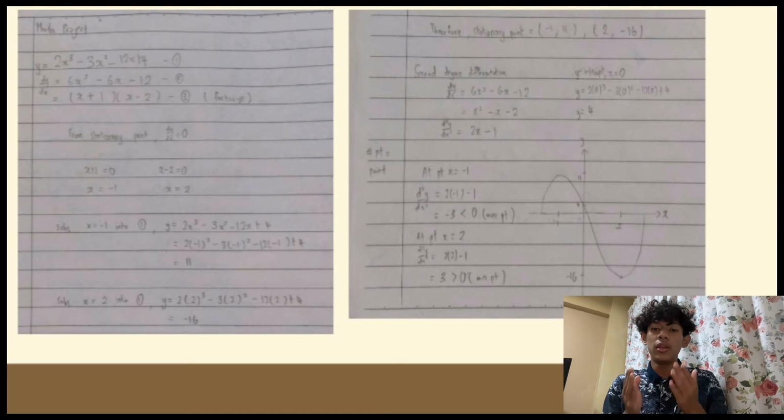So we know that our stationary points are (negative 1, 11) and (2, negative 16).